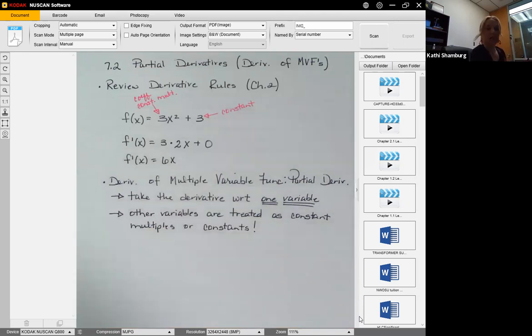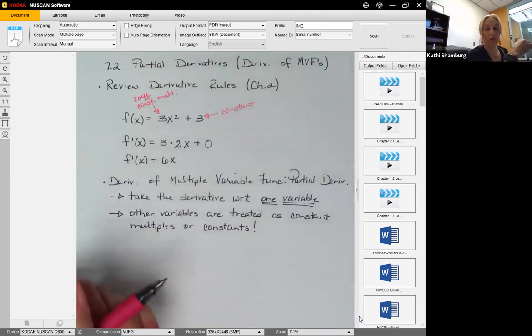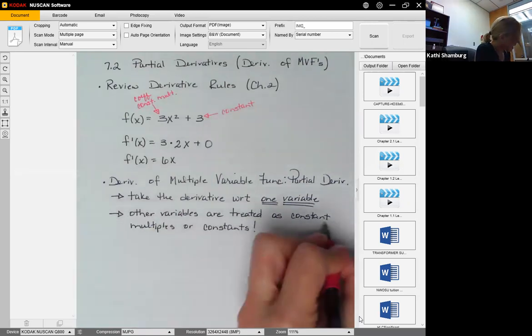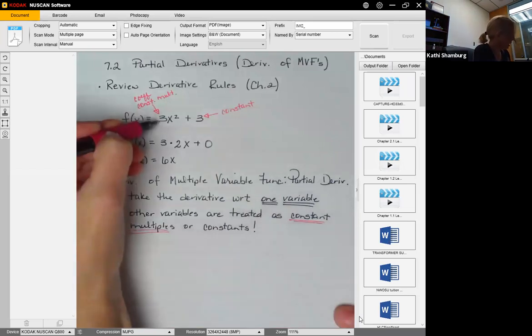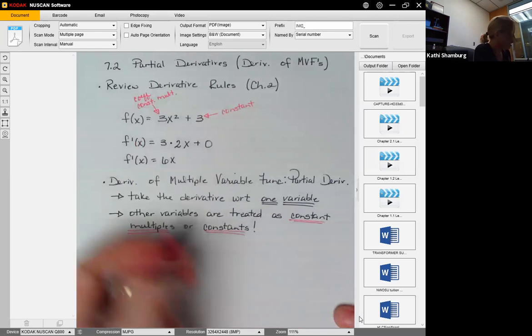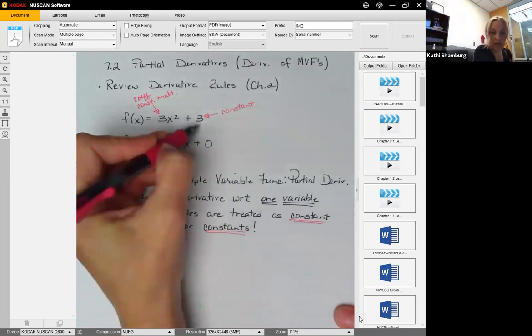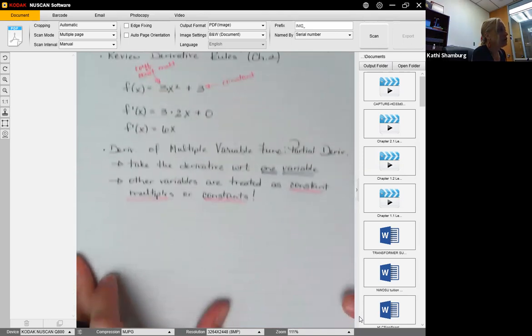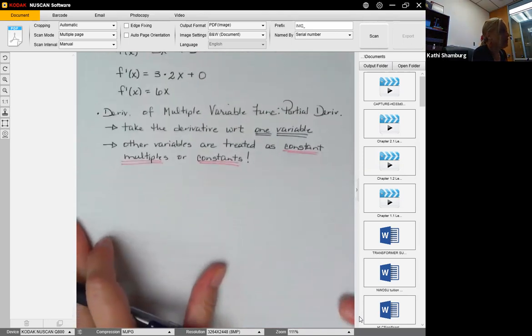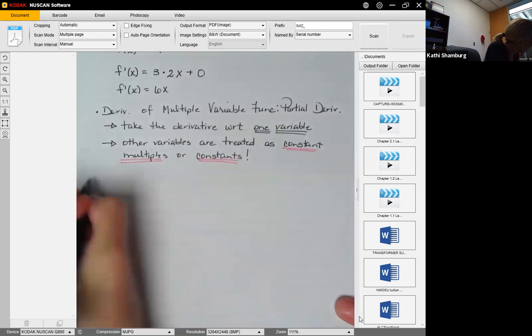So what that means is if we're taking the derivative with respect to x, then anywhere there's a y, we have to look at that y as a constant multiple like this 3, or just a constant like this 3. So that's where you have to be very careful and intentional as you're working these to keep that all straight. So let's look at an example.